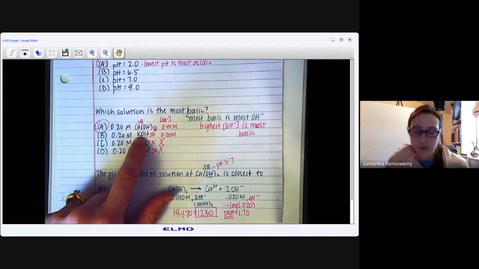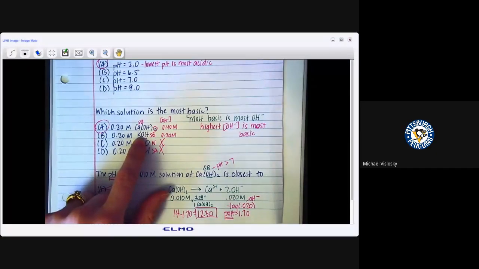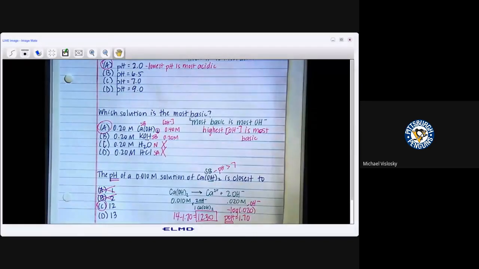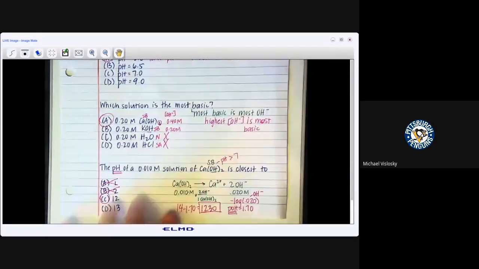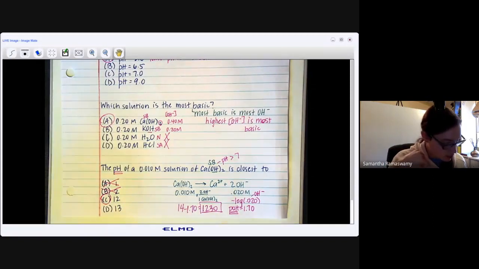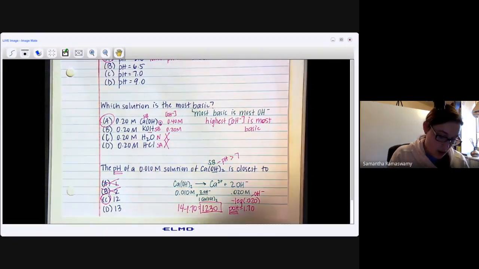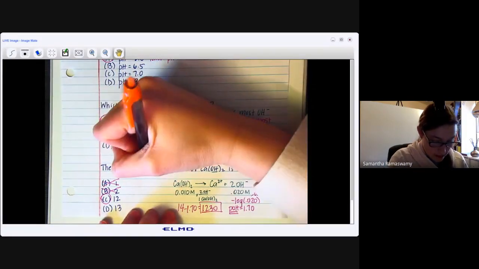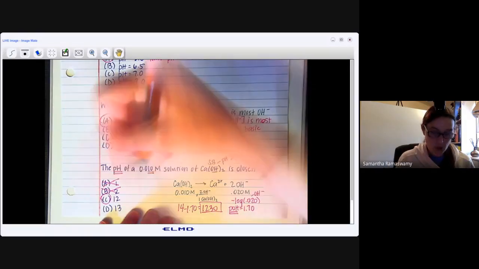Okay. And if it was an open-ended question asking for the pH, and it gave you 0.010 molar, would we put the pH in 3 decimal points? For 0.01, that's still just 2 significant figures, because just the 1 and the 0 are significant.